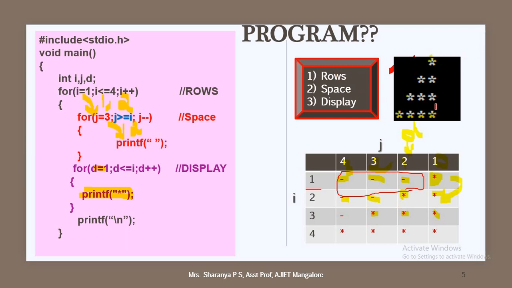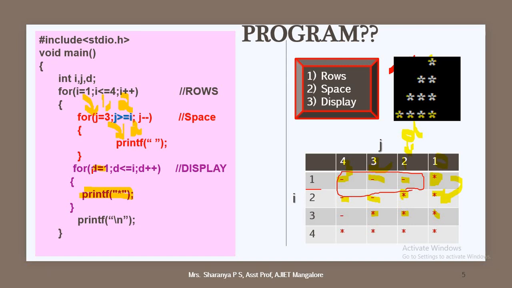Rows: here there are a total of 4 rows, that's why we are running this first loop 4 times. Next, space begins from the third location onwards when we display the output. So we are running J with 3, and it will work similarly with respect to the I value.